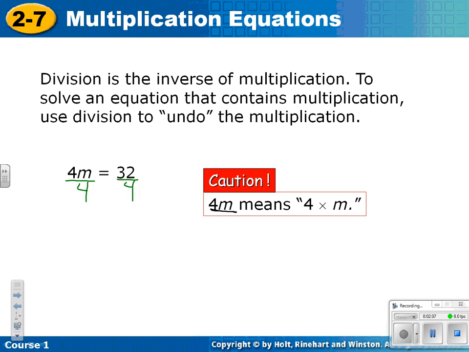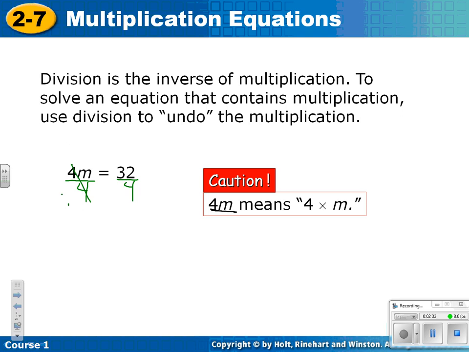What is 4 divided by 4? 1. What's 7 divided by 7? 1. What's 243 divided by 243? 1. Any number divided by itself is 1. Okay? So 4 divided by 4, if we do this, I end up with 1.